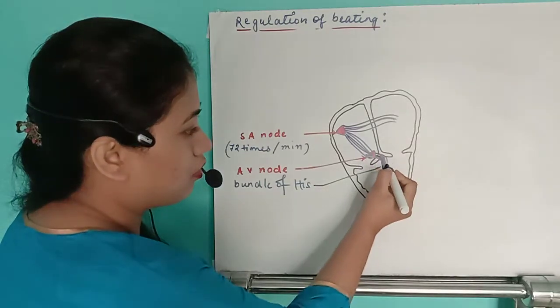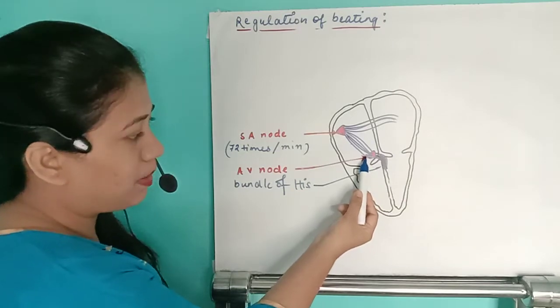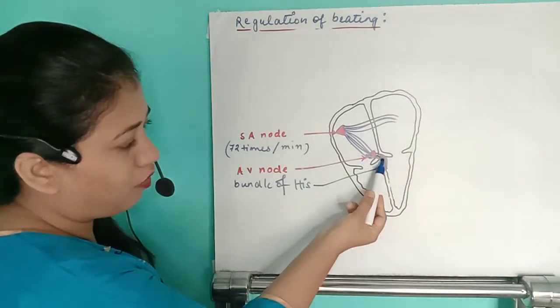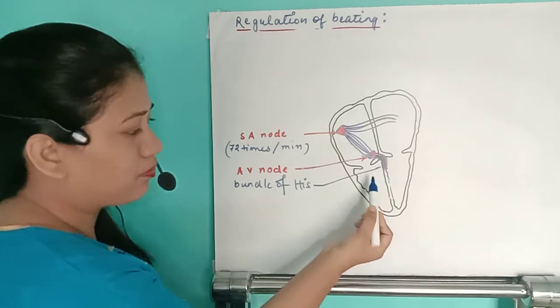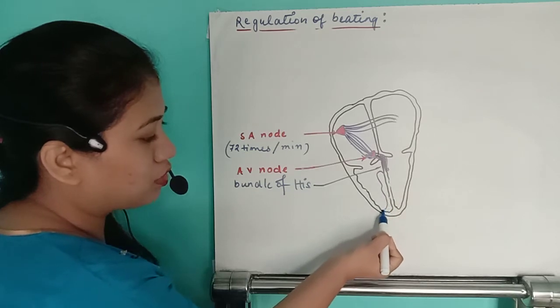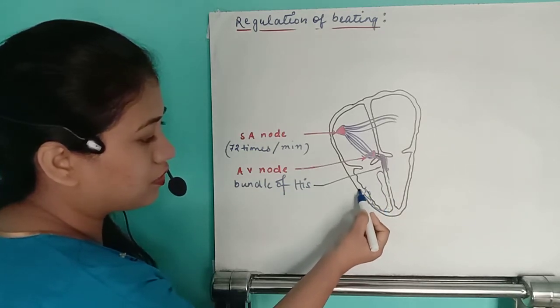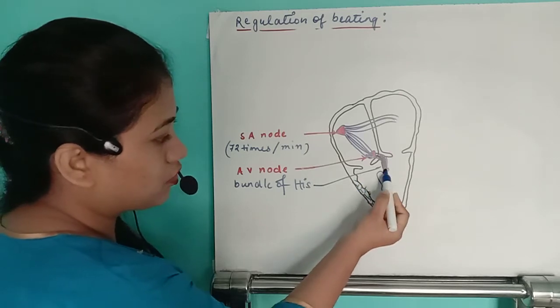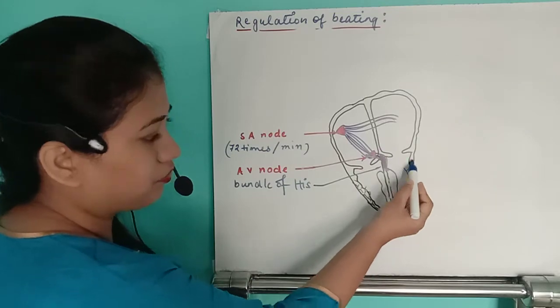So this bundle of His arises from the AV node, passes along the interventricular septum, and after that it bifurcates. It will go to both walls of the ventricles. So here it will go like this, and here it will go like this, right?